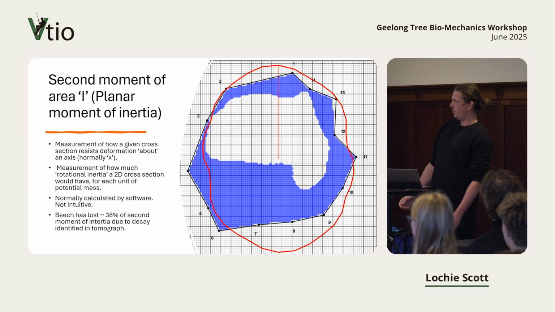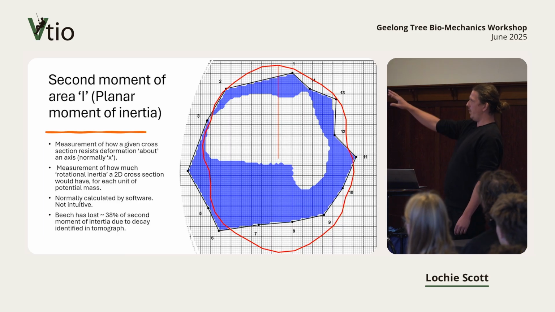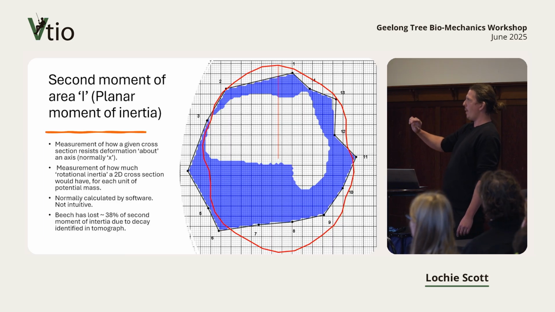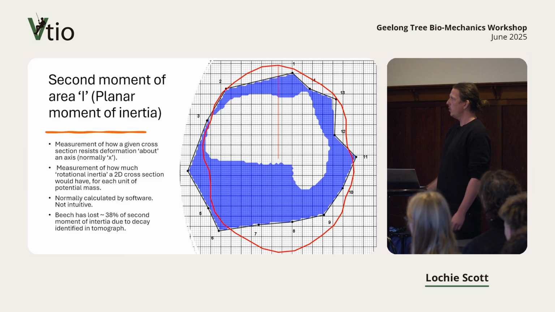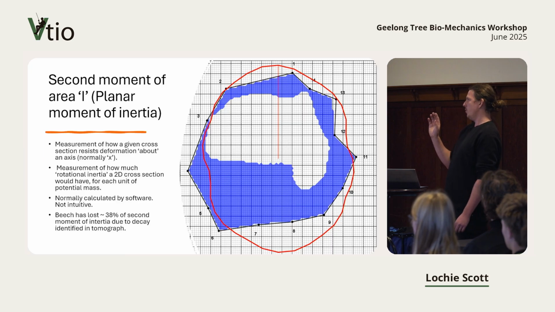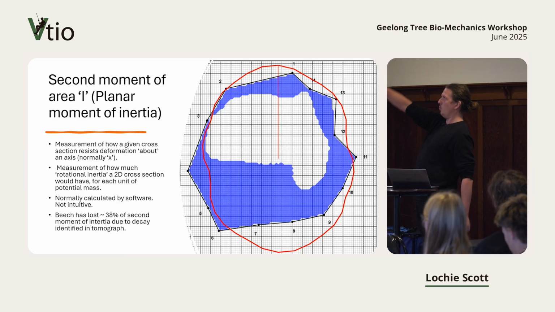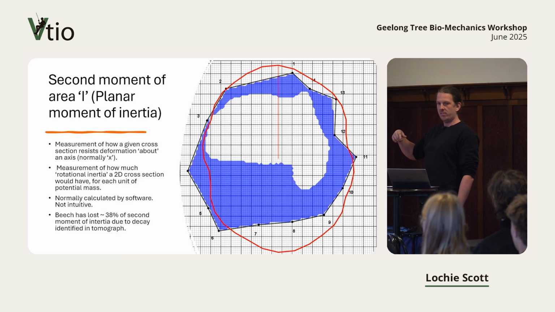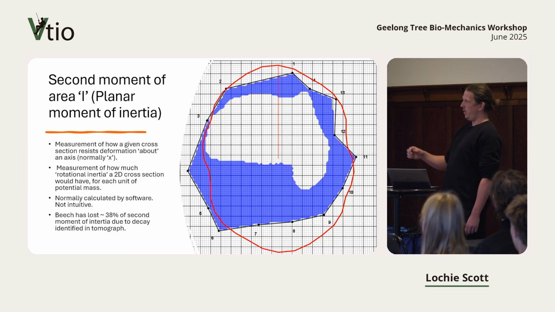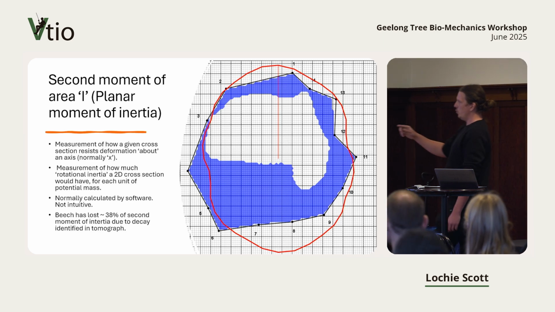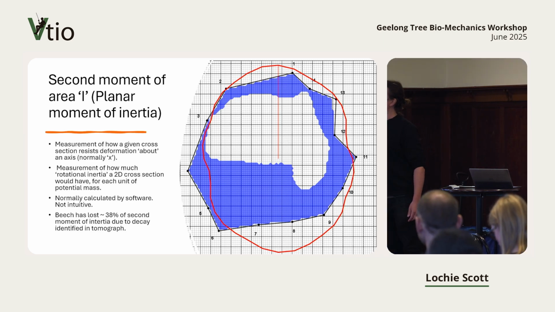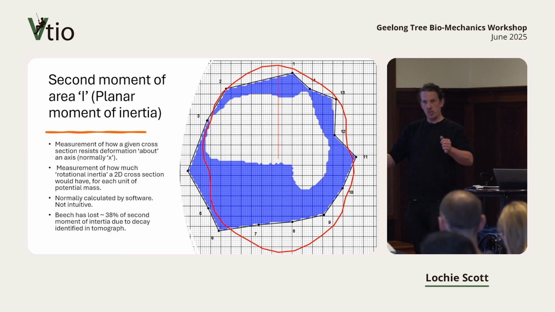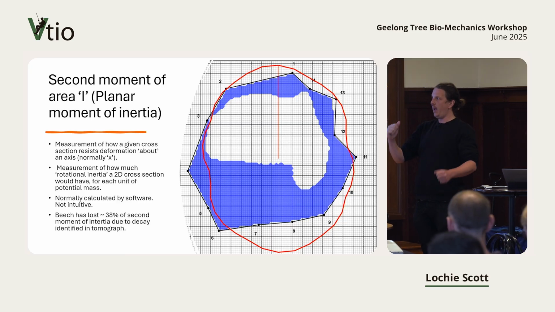And the red line that you see there is kind of like a backwards diagram. This tree would resist bending the worst where the red circle is the largest in diameter, if that makes sense. And this second moment of area is calculated for each little square that gets away from what's called the neutral axis, which is where there's no compression or tension, where the tree's pivoting around.